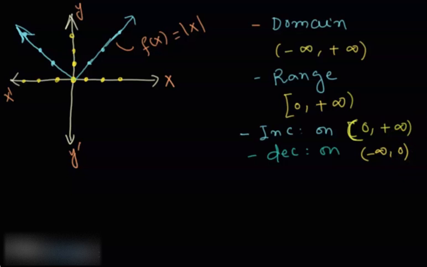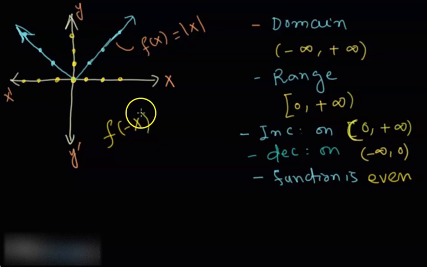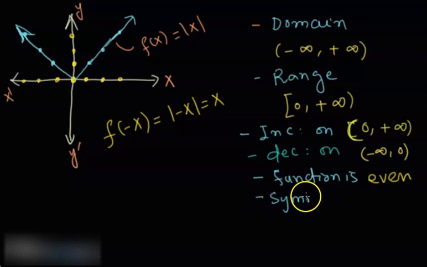If we talk about whether the function is even or odd, you can check that this function is even. Why? Because if you substitute minus x, it will give you x. It is symmetric about the y-axis.